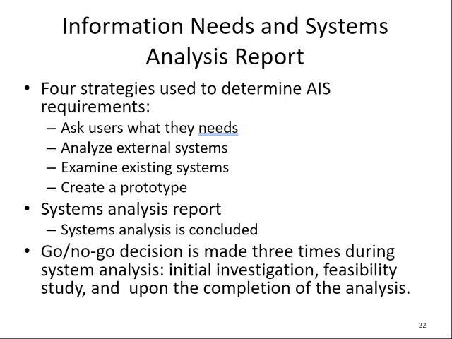During this system analysis stage, we have the go and no-go decisions made 3 times: during the initial investigation stage, during the feasibility study stage, and upon the completion of the analysis stage, you can have the go or no-go decision made.